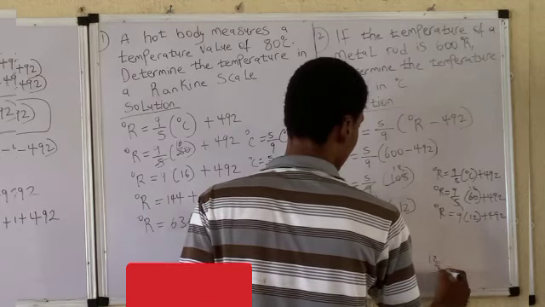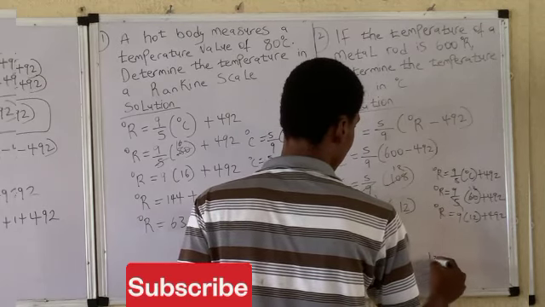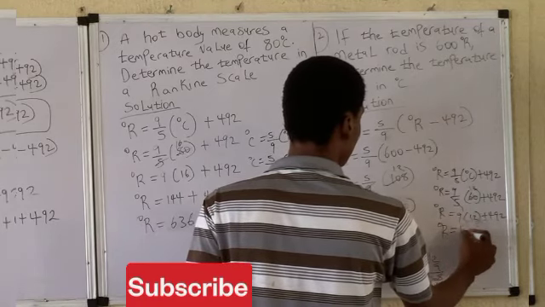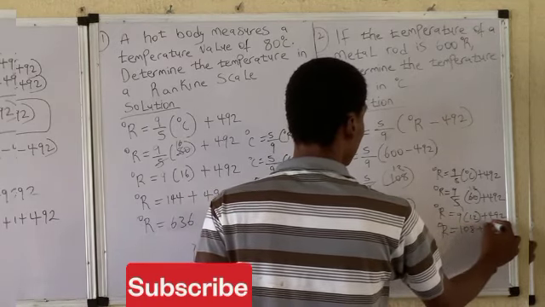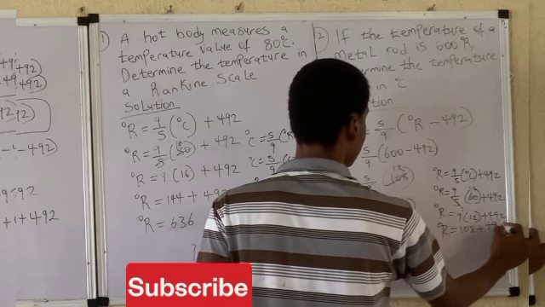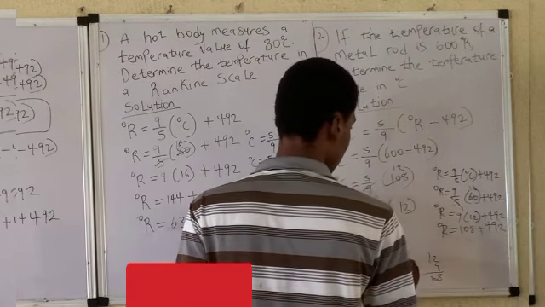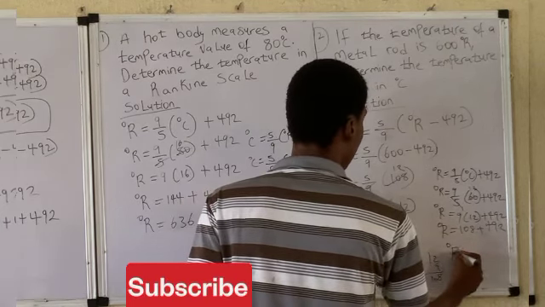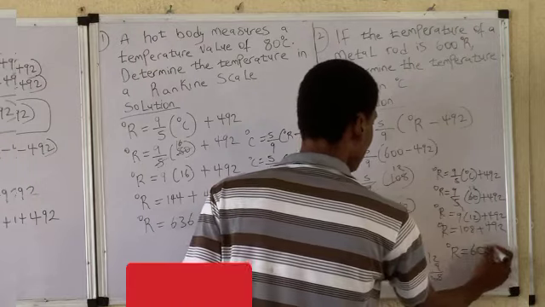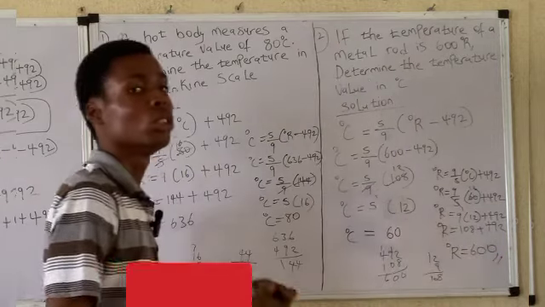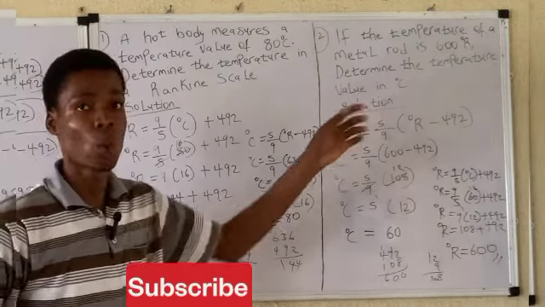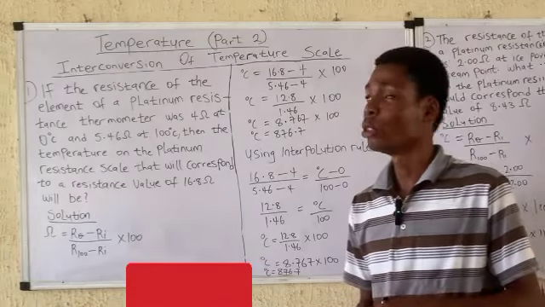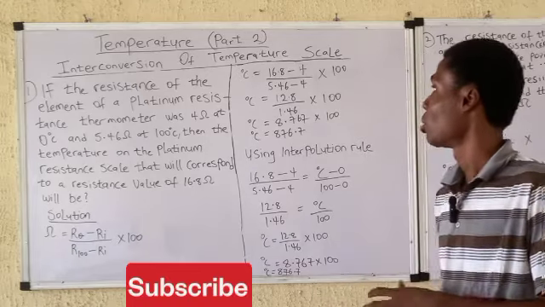So we have 108. So our Rankine is equal to 108 plus 492. Then adding the both of them together, we have 600. So our Rankine is equal to 600 for this question.